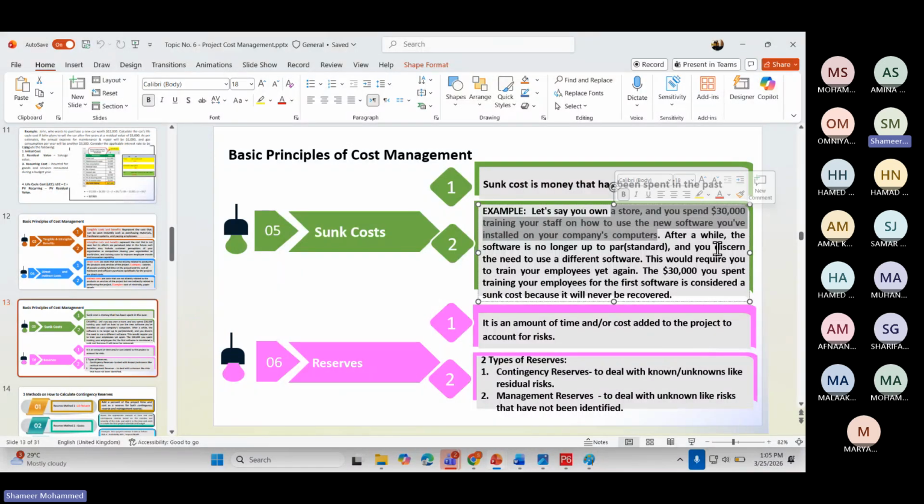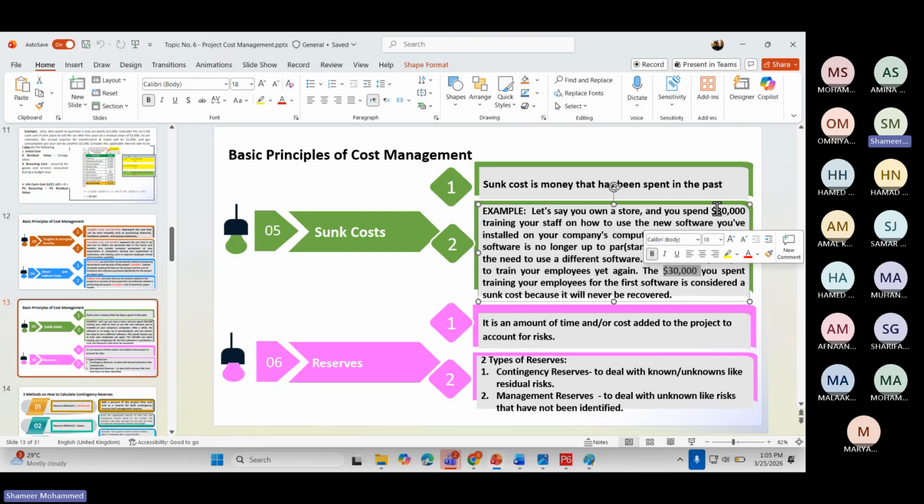After a period of time, the software is no longer up to the standard. Then it is required that you use some other software. Then again, you have to train your employees. Again, 30,000 you have to spend.